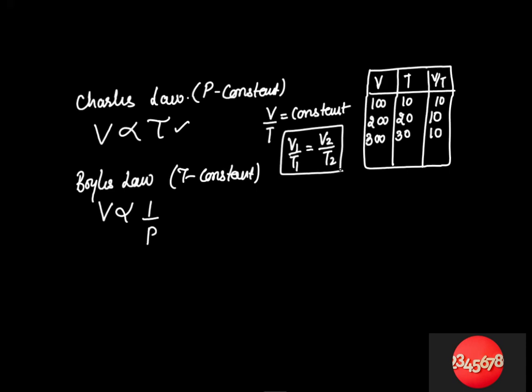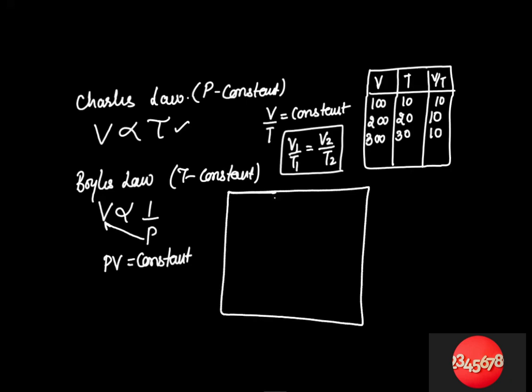Same with Boyle's law. If I take pressure up, it will say that PV is always constant, because they are inversely proportional. Let's see what happens. If I increase the pressure, volume decreases. Let's say pressure 10, volume is 10, PV is 100.